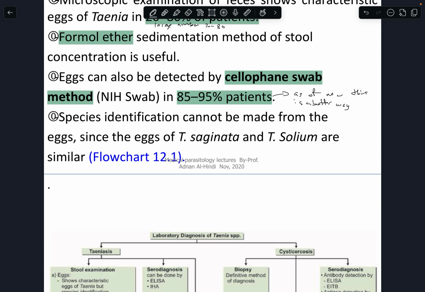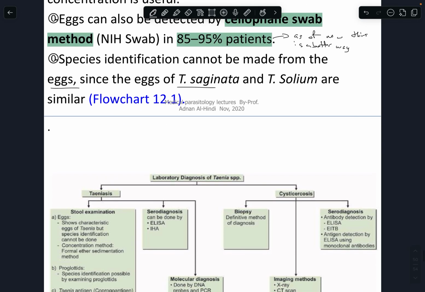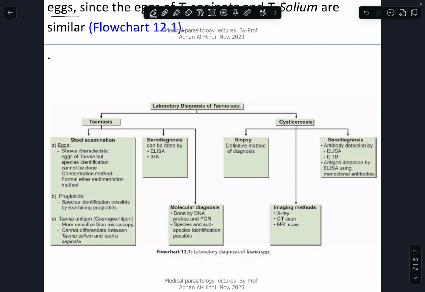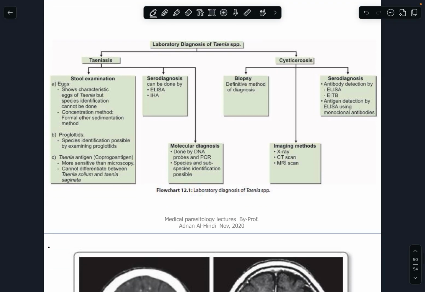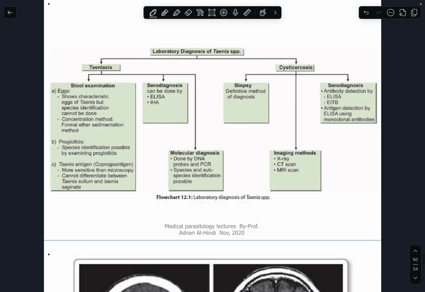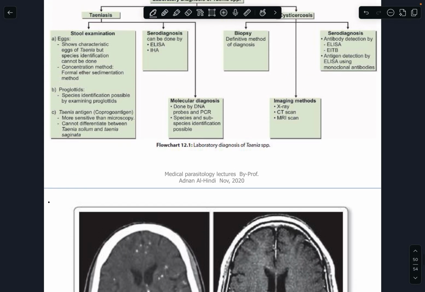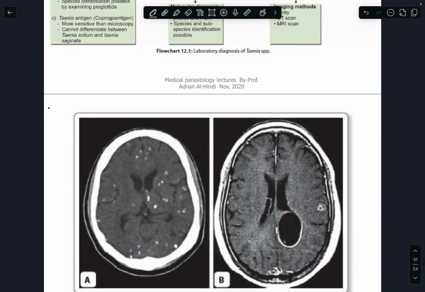Biopsy, imaging methods, X-ray, CT scan.